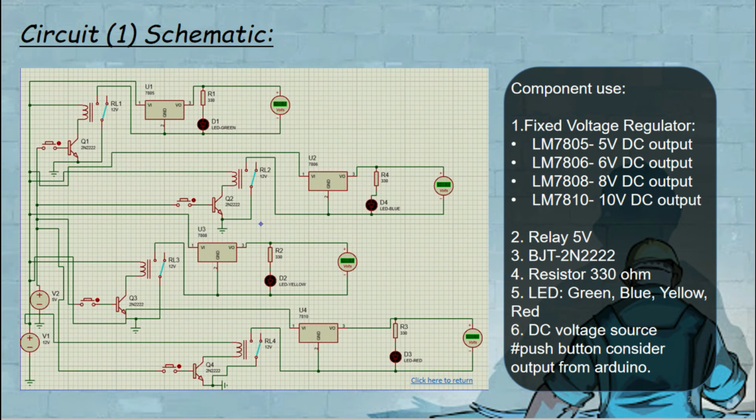Then I use an LED as the load for the current moment, and then a DC voltage source. So the push button is considered the input that is triggered from the Arduino Uno. Okay, finish for control circuit number 1.